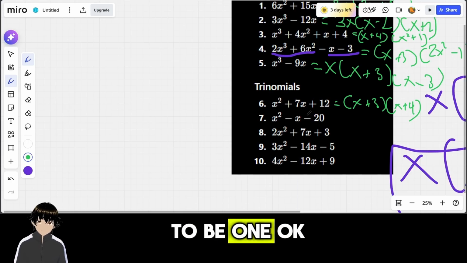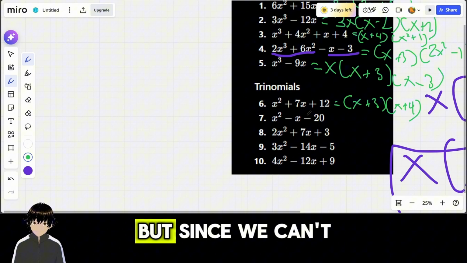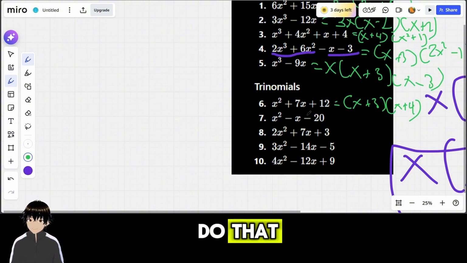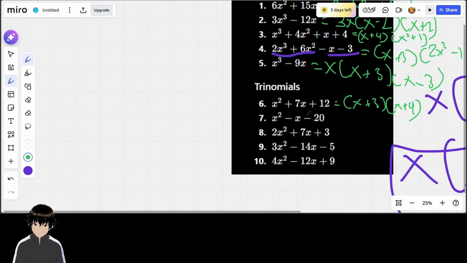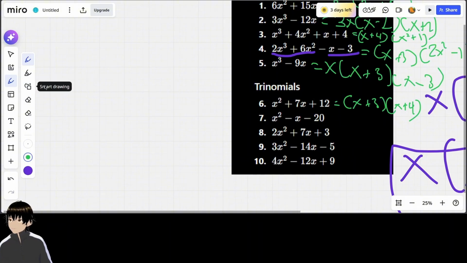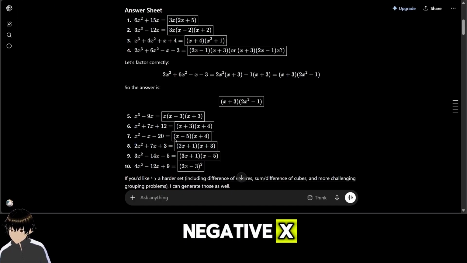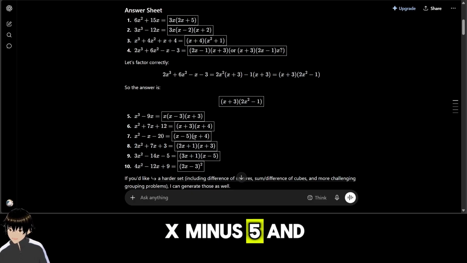It's going to be 1. Okay. But since we can't do that, we have to think of numbers. But let me just see the answer first. X plus 5, and x minus 4.